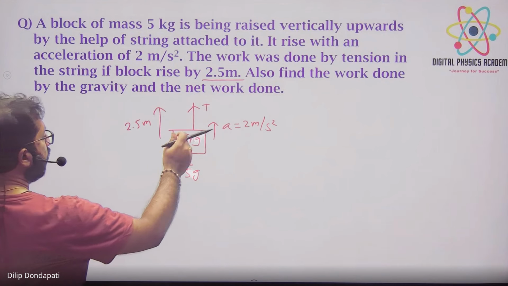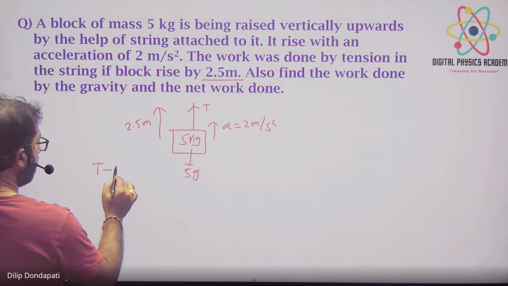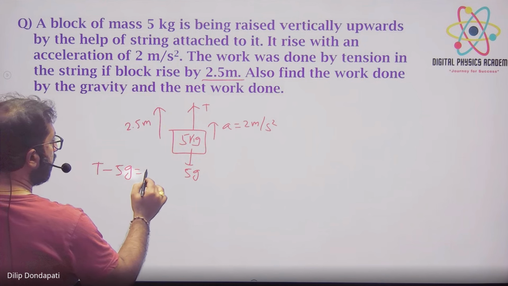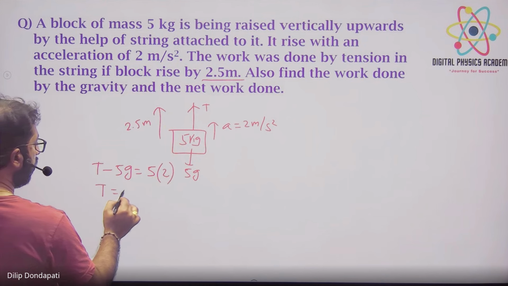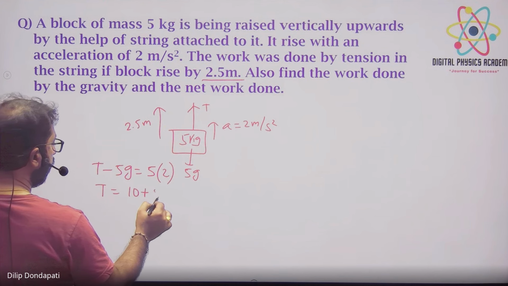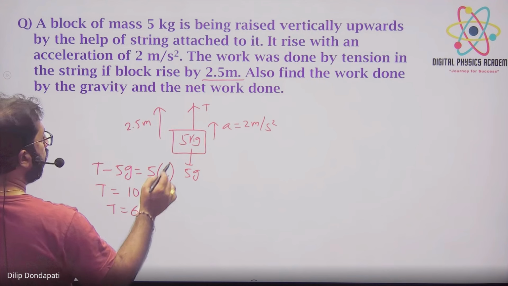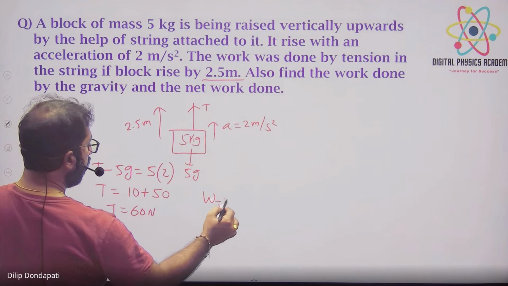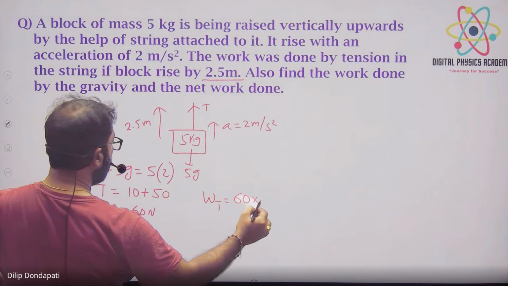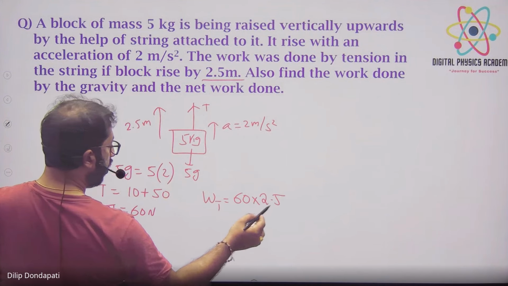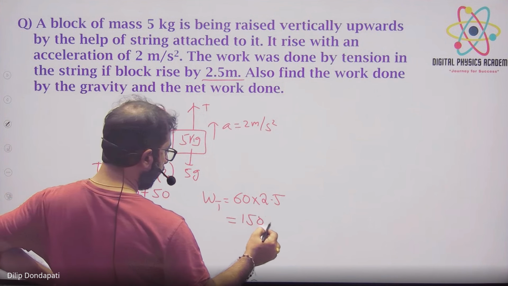See, Jyotish, apply net force equal to ma. We should take the acceleration direction as positive. So T minus 5g is equal to ma. So 5 into a is 2, so T is equal to 10 plus 50, T equal to 60. Force and displacement are in the same direction, so multiply Fs, 60 into 2.5, which is 150 joules.